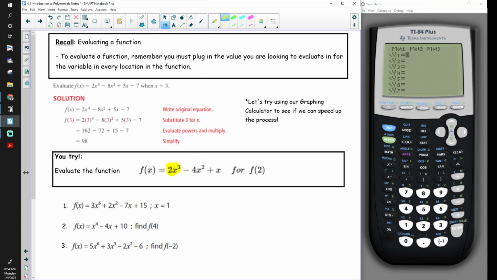So we will plug in all of this. 2x to the power of 3 minus 4x squared plus x. Make sure you got it all in exactly how it looks.